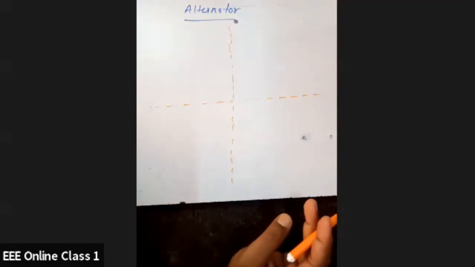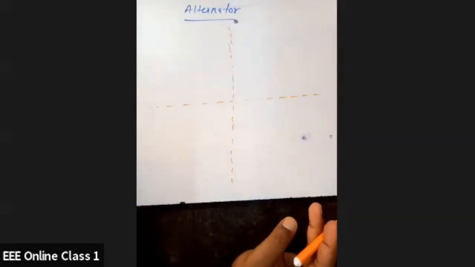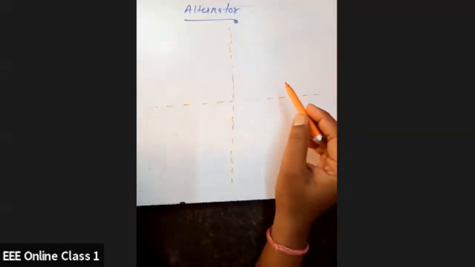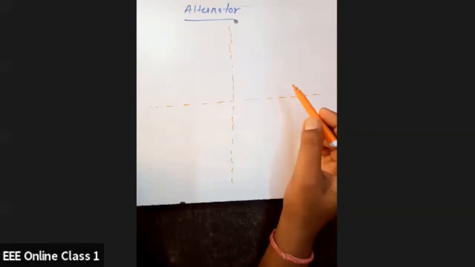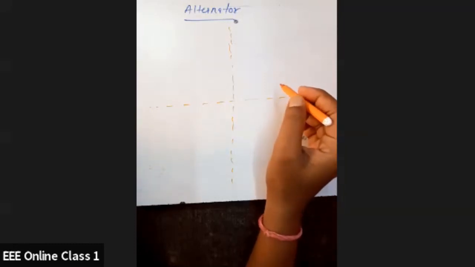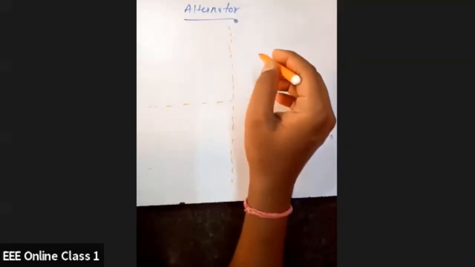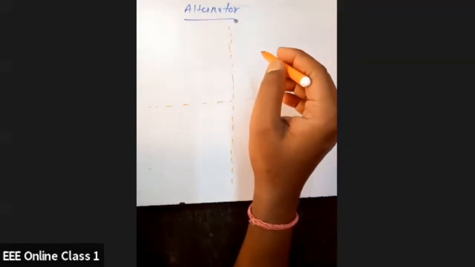Please write down, OD means outer diameter. The diameter is 405 mm.